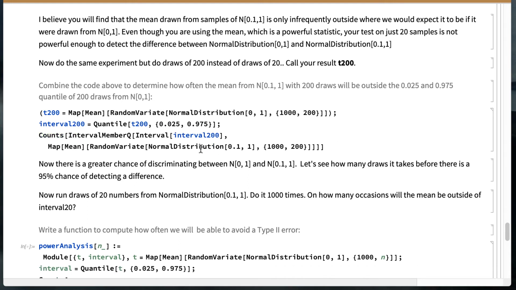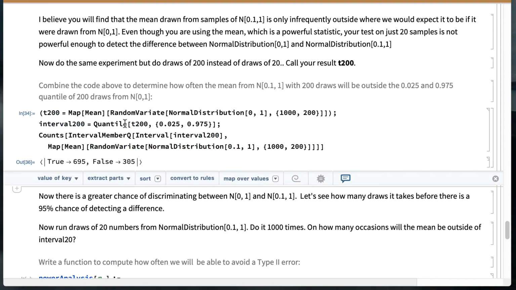Then I'm going to ask the same question, which is how often would the mean of 200 draws from a slightly different distribution fall outside of this interval that I computed up here. So let's run this code.